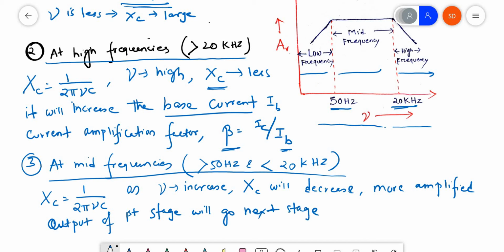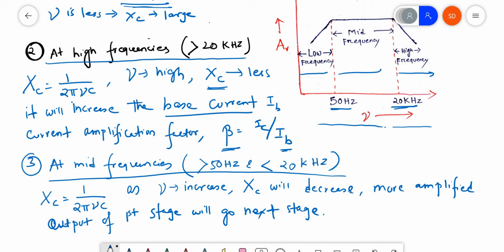But there is a problem. Due to loading effect of first stage, what will happen? The gain will reduce. The loading effect of first stage will also increase, as a result of which the gain reduces.